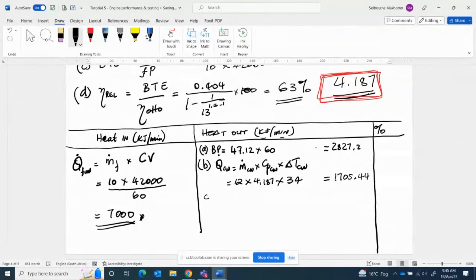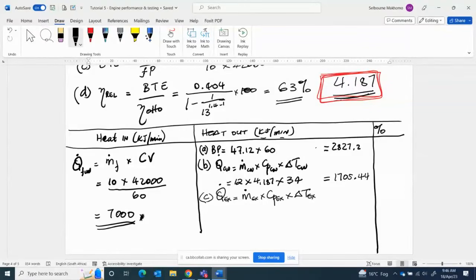And then the last one, some of the heat was taken by exhaust gases, because when the exhaust gases leave the engine, they are very hot, so they have taken some of the heat. So Q for exhaust gases is going to be the mass of exhaust gases multiplied by Cp of exhaust gases multiplied by delta T for exhaust gases. The mass of exhaust gases is the mass of air coming into the engine plus the mass of fuel.